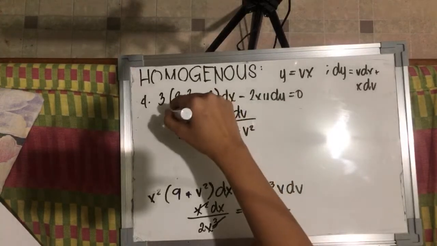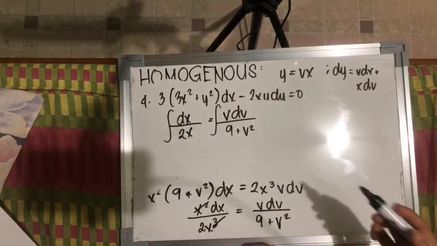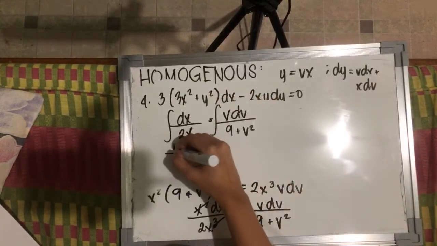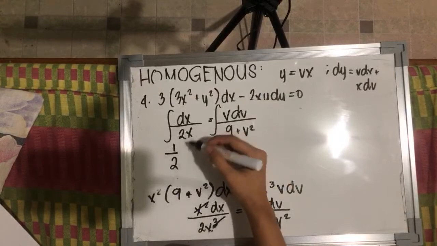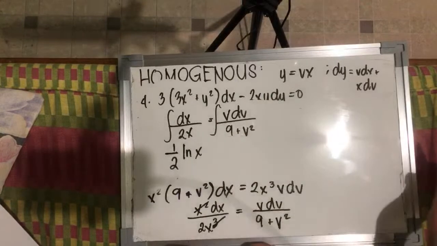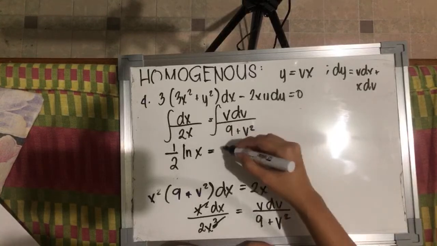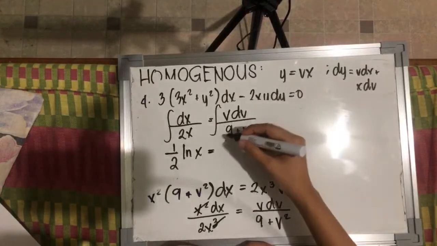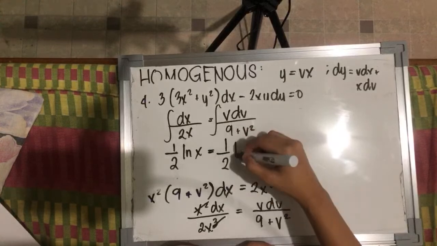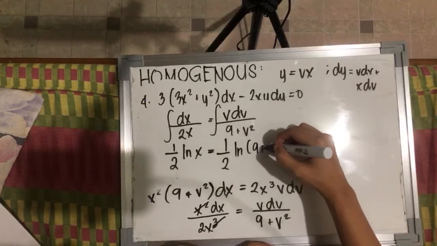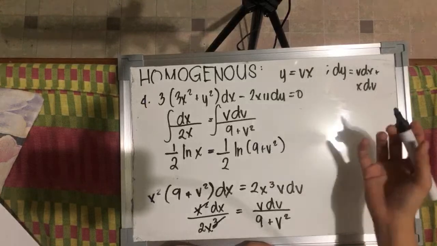So, integrate both sides. Ito magiging 1/2 ln of x. Ito magiging, may integrating factor ka na 2. So, 1/2 ln of 9 plus v squared. So, wag mo kalimutan yung c.